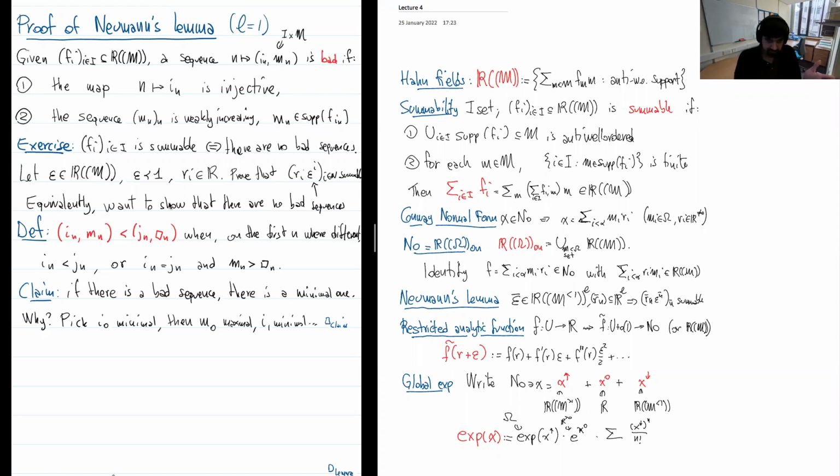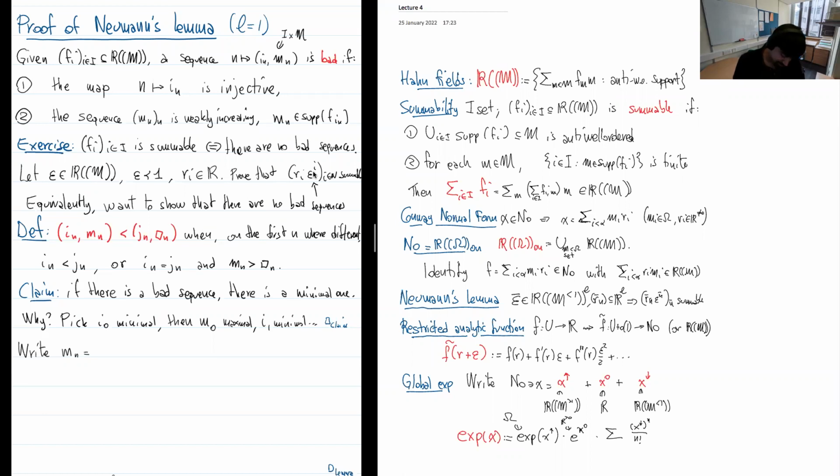So let's pick this minimal sequence and do the next step. Now we go deep. Now we actually use that the sequence is made of the powers of epsilon. We look now at these monomials m_n. m_n is going to be what? m_n is in the support of epsilon to the i_n.